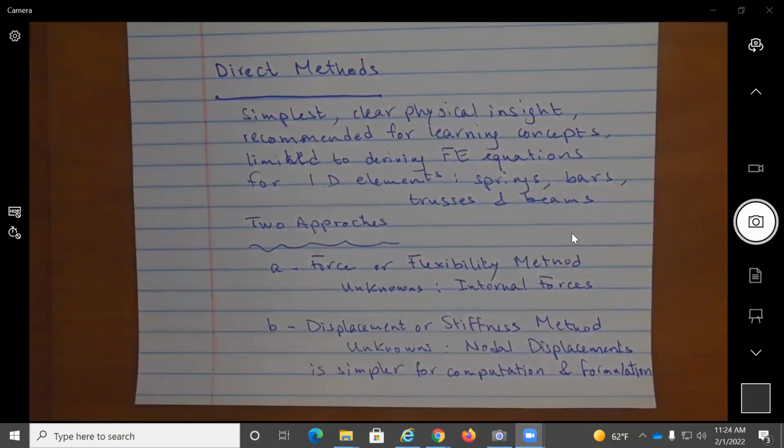So this is the one we used when we used the direct method to derive the spring stiffness equations and the stiffness matrix for a spring element.